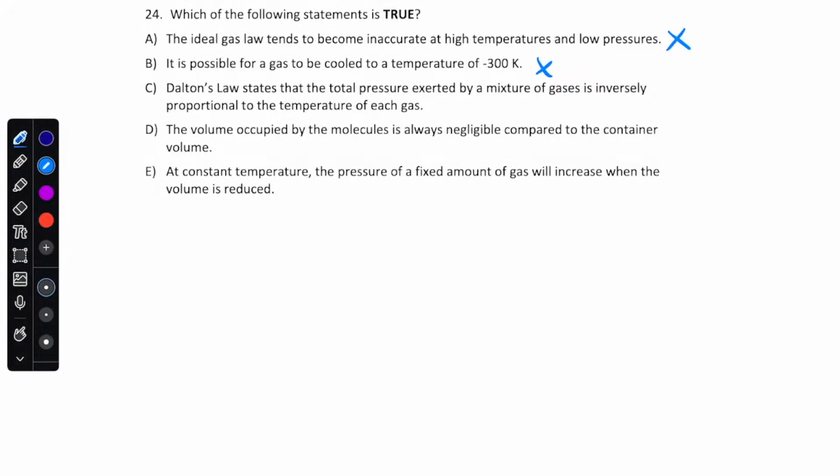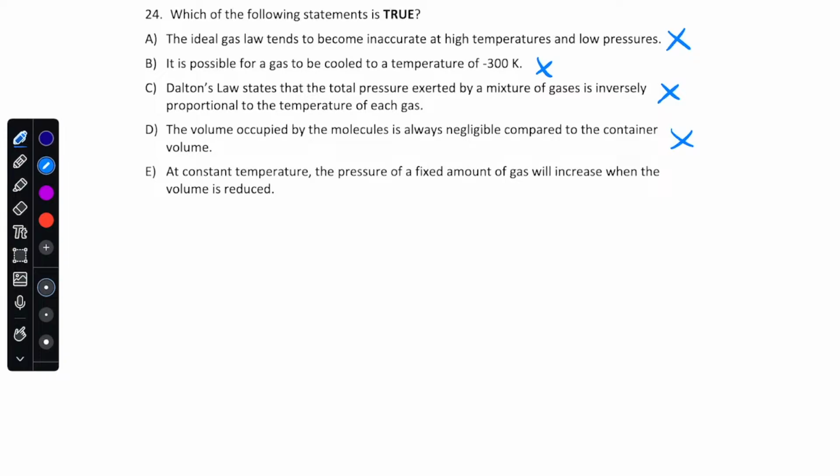Dalton's law of partial pressures states the total pressure exerted by a mixture of gases is inversely proportional. No, Dalton's law is that the total pressure is equal to the sum of the partial pressures. Volume occupied by the molecules is always negligible. Not true when you're at low temperatures and high pressures.